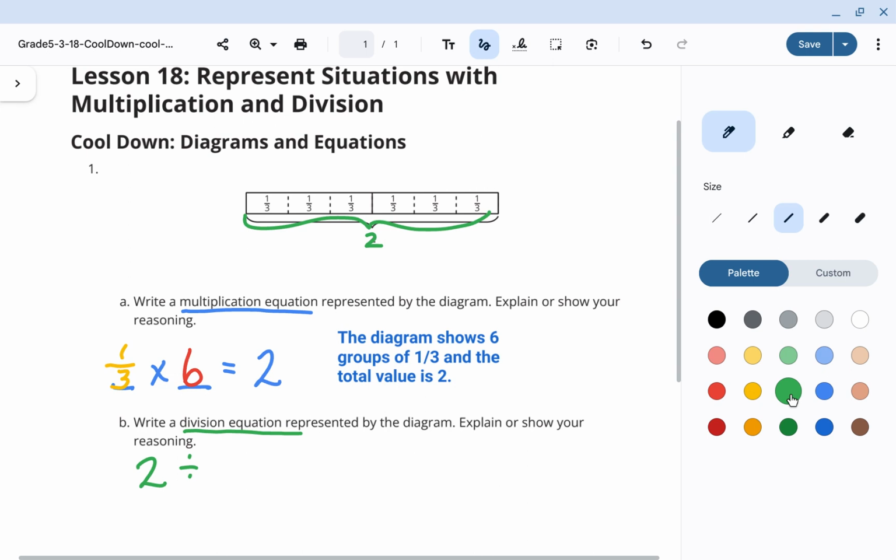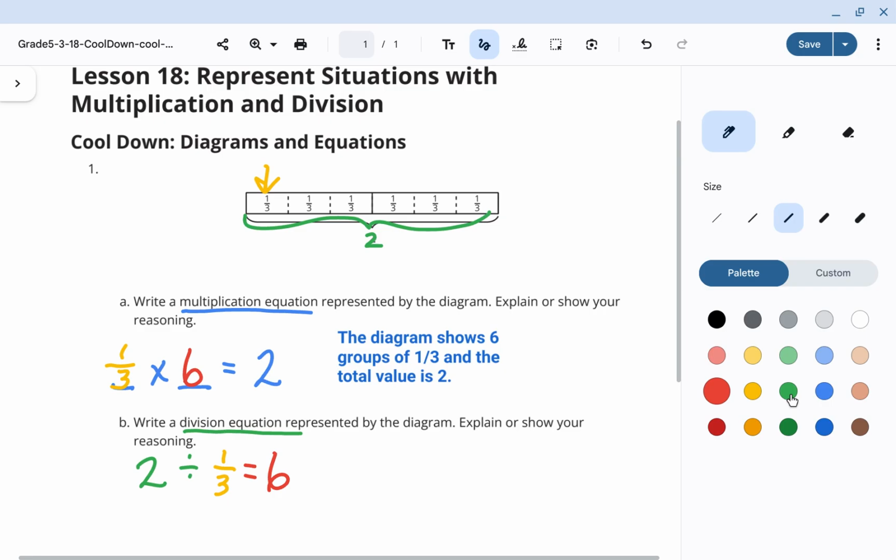Well, the size of the piece is shown right here. The size of the piece is 1/3. So my divisor here is going to be 1/3. Now, how many of those portions do I end up with? I end up with 6. I have 6 1/3 pieces, and that uses up the entire 2 wholes.